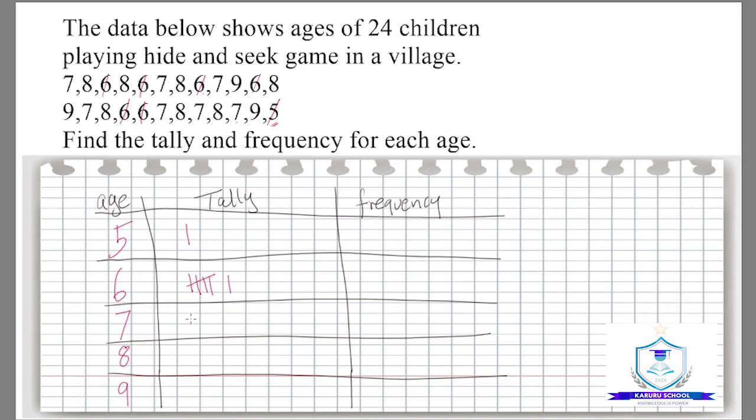Then we move on to age 7, look for the children whose age was 7 years.